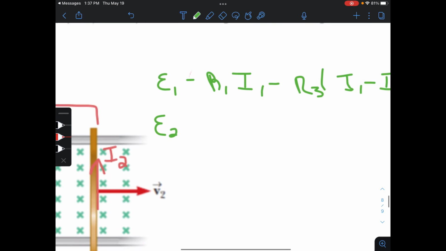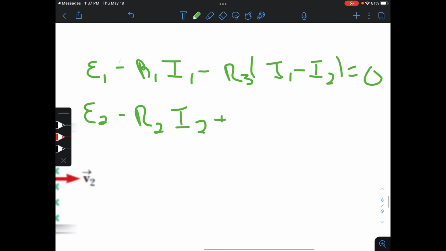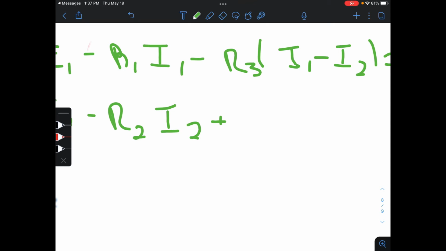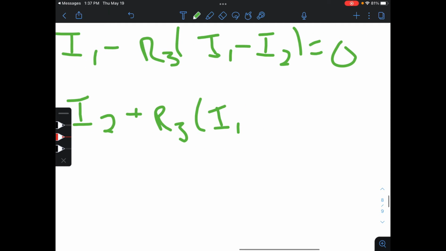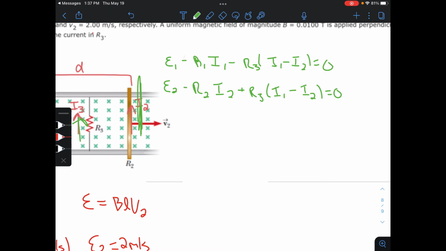So E2 minus I2 R2, because we're on this side now, like this half of the R2 I2. Plus, because we're going against the designated current, we have an I3 R3, which is R3 times I1 minus I2, equals 0. And because we have values for these EMFs, we can start solving.